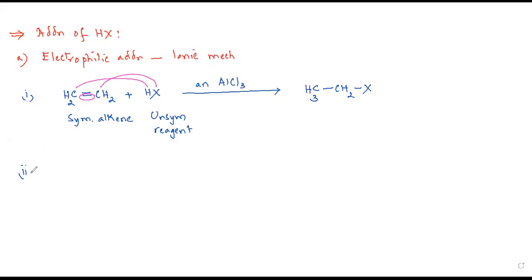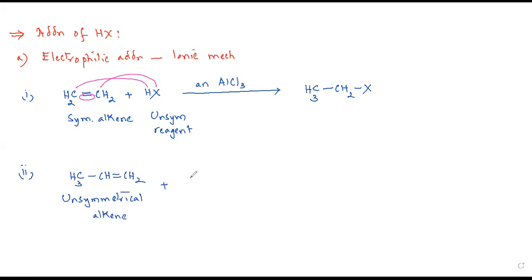No confusion at all. We get ethyl halide. Now the interesting point. See, when an unsymmetric alkene is taken, this is unsymmetric. Hope you understand. Look at this. Here you got two hydrogens, but here you got a hydrogen and a methyl group attached to the double bonded carbon. So it's unsymmetric. Unsymmetrical alkene.